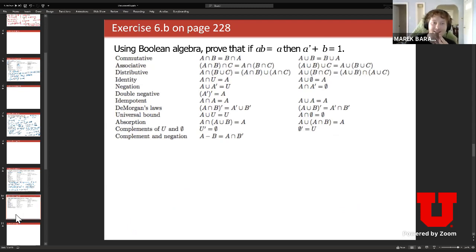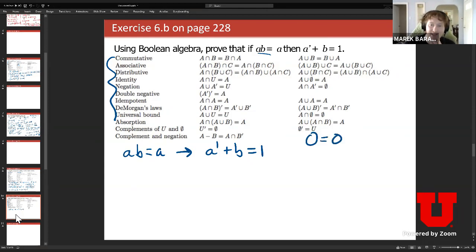So we're going to be using these set rules to do this Boolean algebra calculation. What we want to do is show that if AB equals A, then A complement plus B equals 1. And some extra rules here. We need that 0 is equal to the empty set, and 1 is equal to the universal set. And I'll rewrite the other ones.